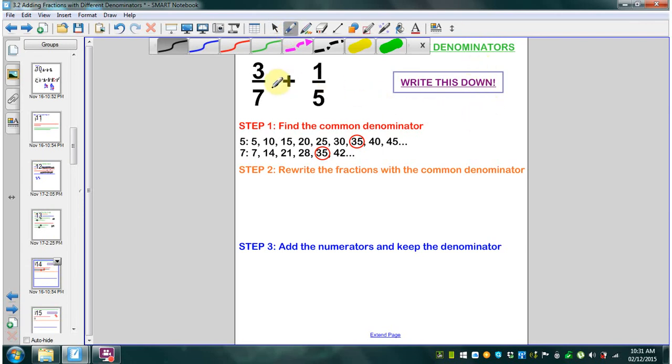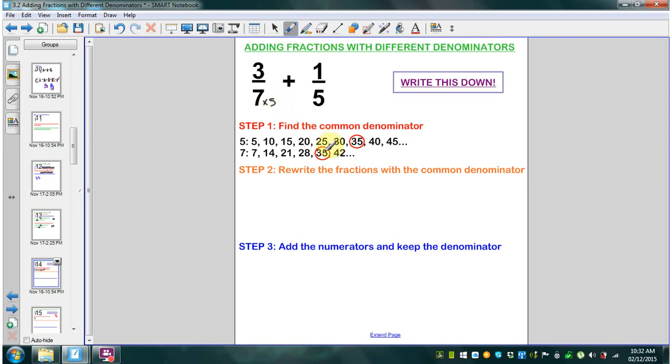Okay, so we want to get our denominators into 35s. We want a common denominator. So how do I change 7 here into 35? Well, 1, 2, 3, 4, 5. 7 times 5 gives you 35.